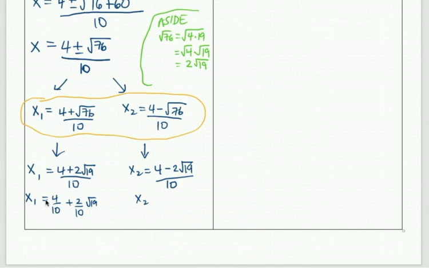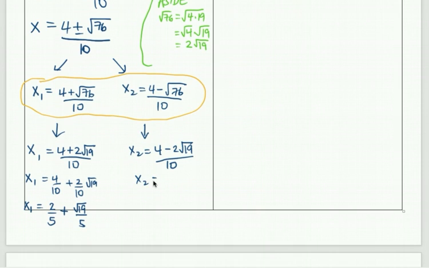I'll do that one in a sec. Okay, so here you should be able to reduce it down to a smaller fraction. So take a 2 out of both of those, you get 2 over 5, plus this one here becomes 1 over 5 root 19, like that.